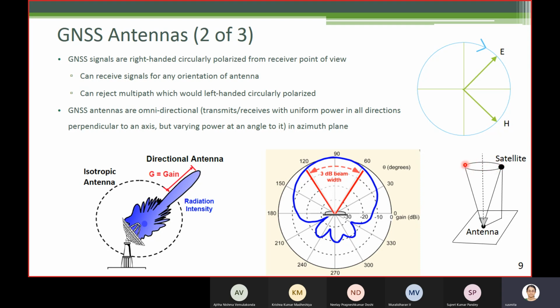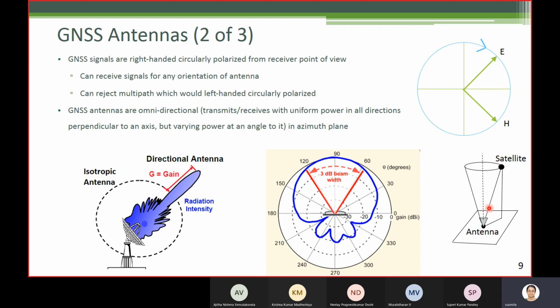Just apply the definition of azimuth and elevation. As you move the satellite along the periphery of the base, you vary azimuth, but you do not change elevation. Why? This angle remains the same. This angle is 90 degree minus elevation.